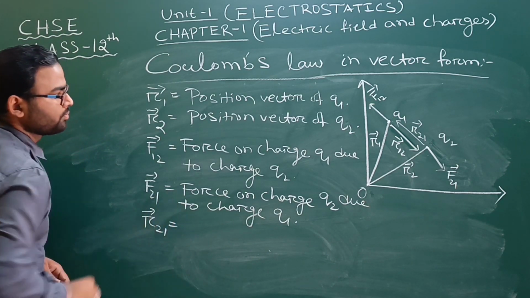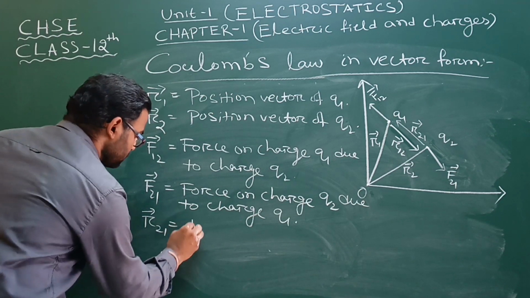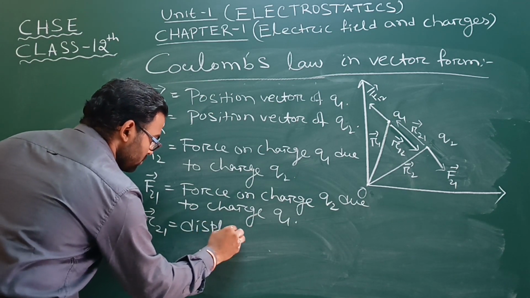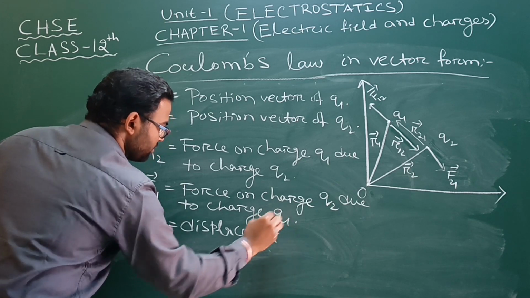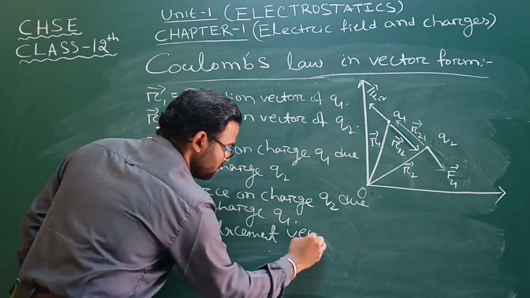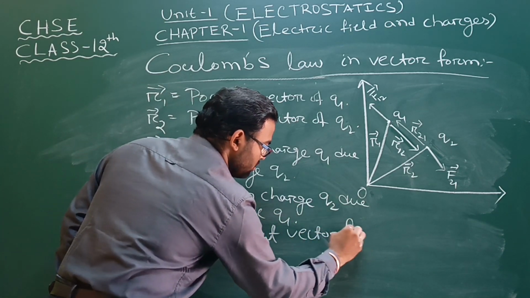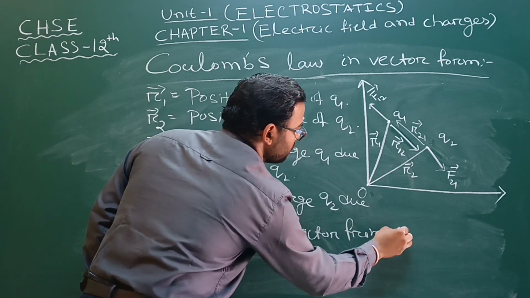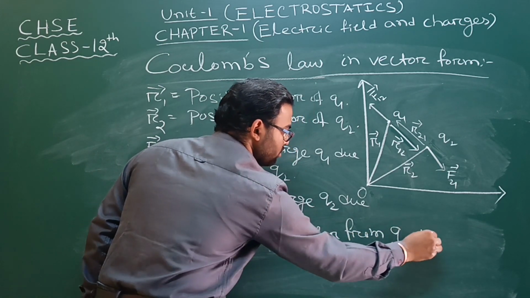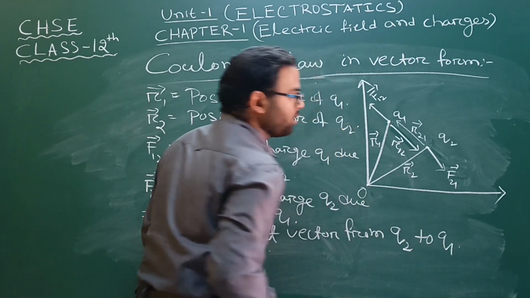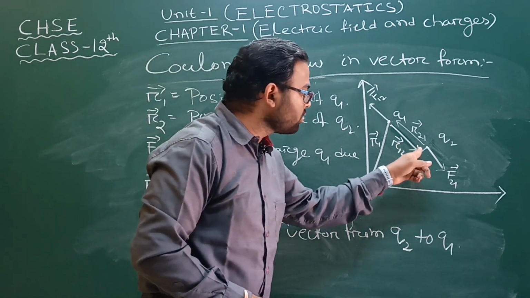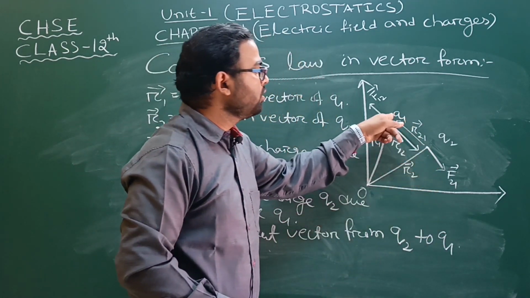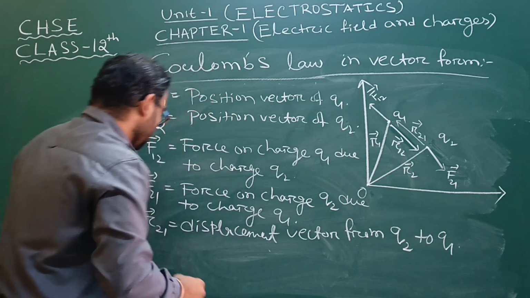R21 vector is displacement vector from q2 to q1, because the direction of R21 is from q2 to q1.